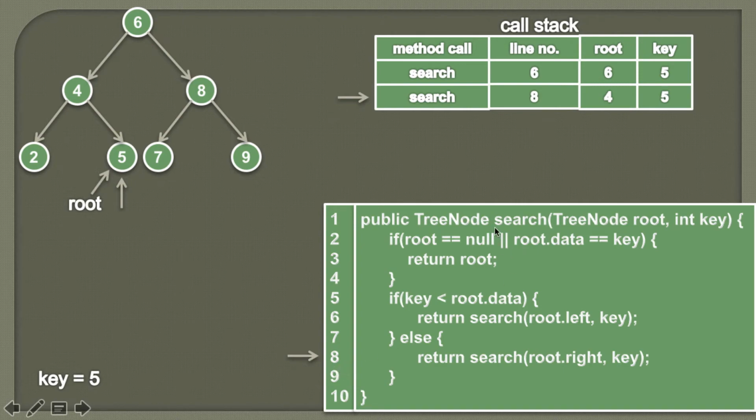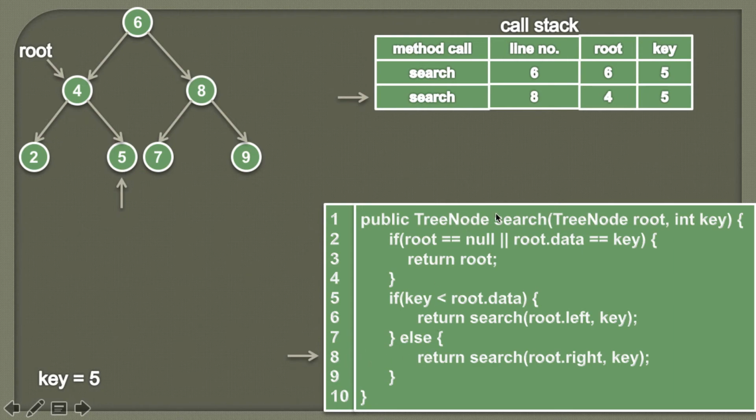Also friends, when we had left this search method, we know that root was pointing to 4. Therefore now root will point to 4. And from line number 8, we'll simply return whatever value we got from this search method, which was nothing but a tree node having data as 5.